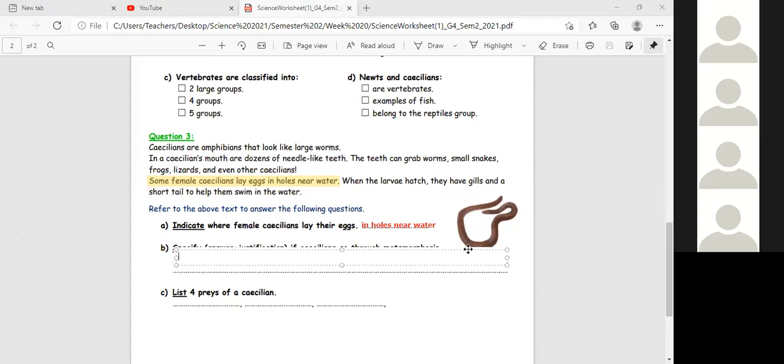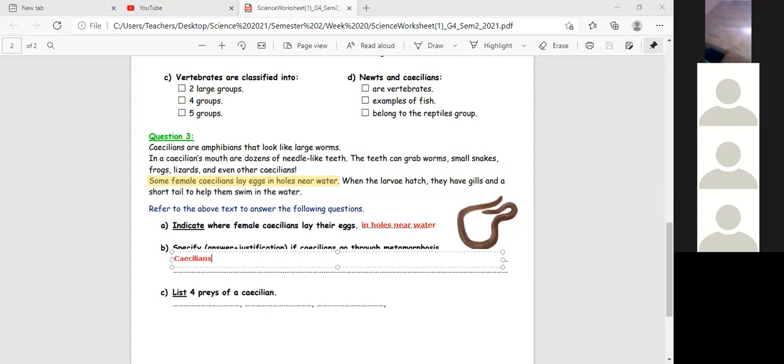They go through metamorphosis, because they're amphibians. Excellent.